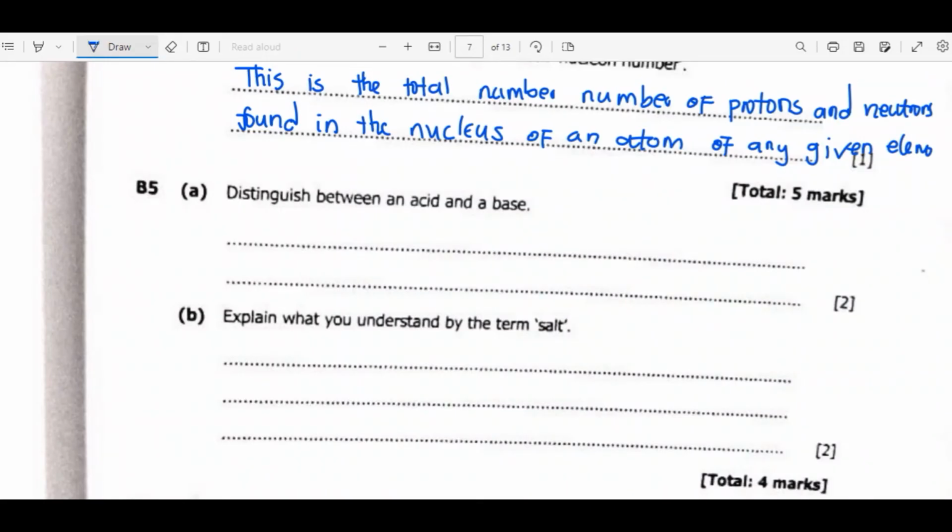Distinguish between an acid and a base. An acid can be considered as a proton donor, while a base a proton receiver. So an acid is a proton donor, while a base is a proton receiver.